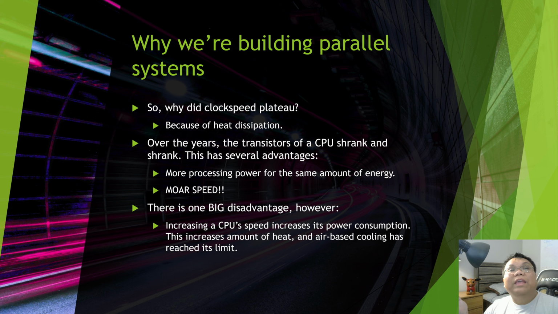Alternatively, we can use the same power to get more processing power. So we can get more CPU performance that way. But eventually we're going to reach a limit to how small we can make our CPUs, and at that point, we're going to have to do something else, and that's probably going to be more parallel programming. Well, actually no, parallel systems for which you have to do parallel programming.